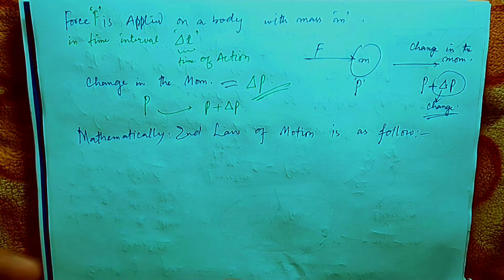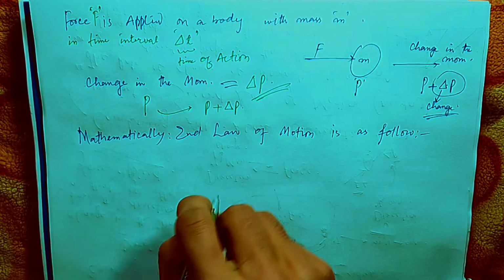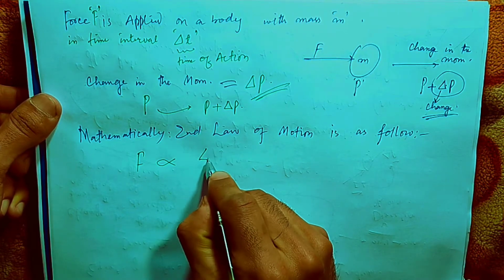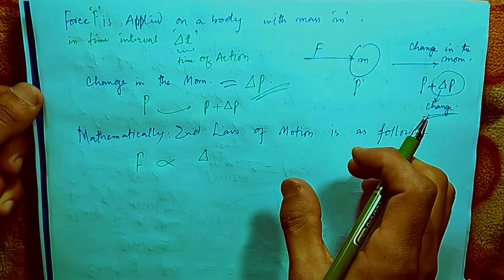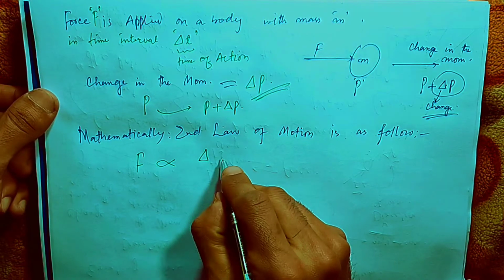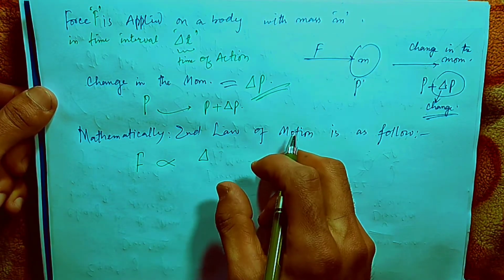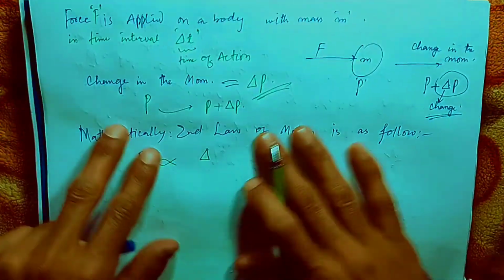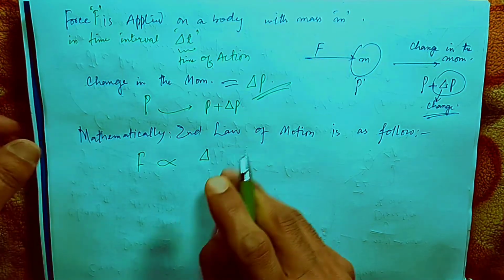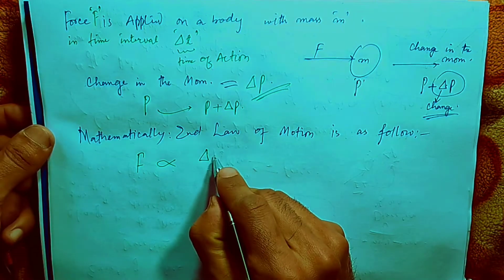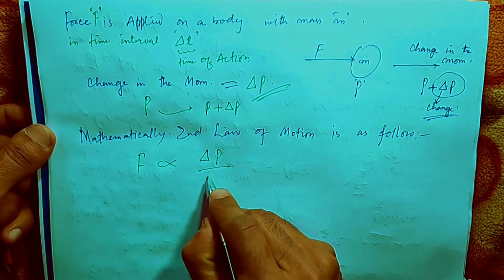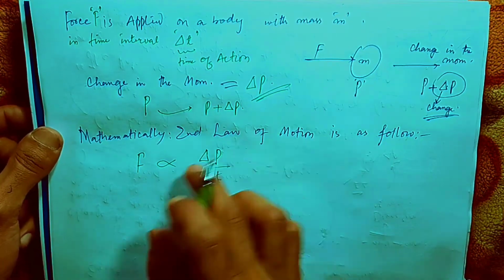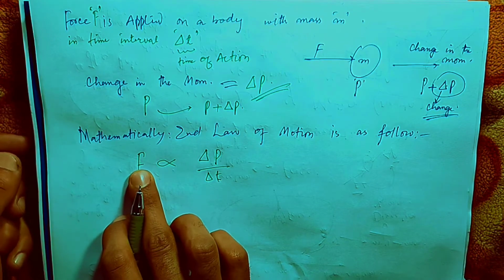So force will be directly proportional to the rate of change of momentum with respect to time. Rate of change of momentum, that is with respect to time, gives the force applied on a body.